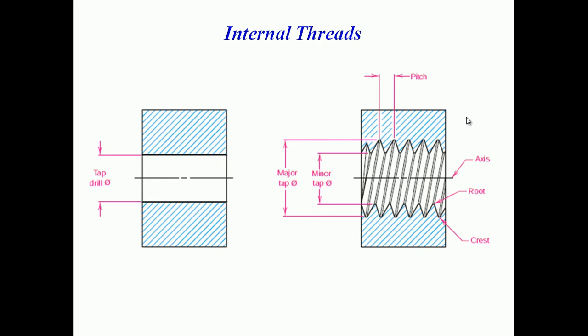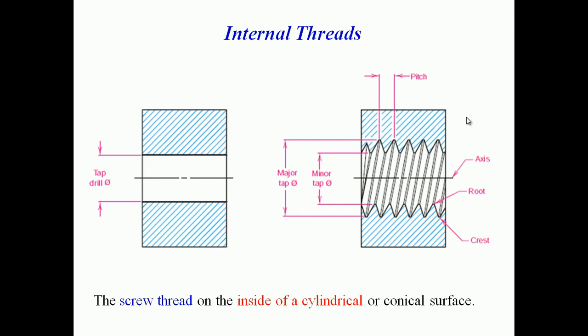These are terms similar to the external threads: you have an axis, root, crest, pitch, major diameter and minor tap diameter. The screw thread on the inside of a cylindrical or conical surface is known as an internal thread.